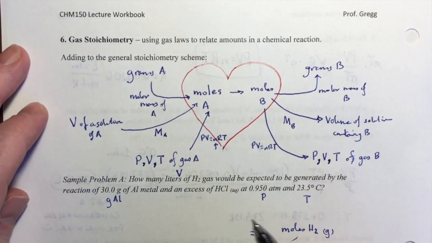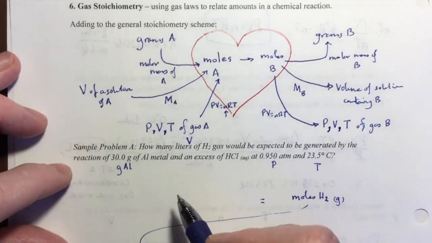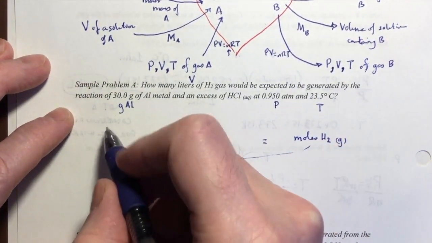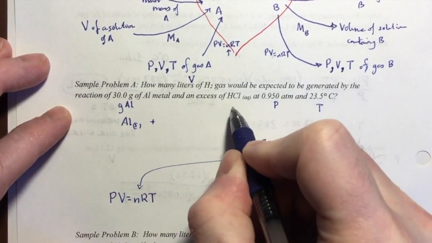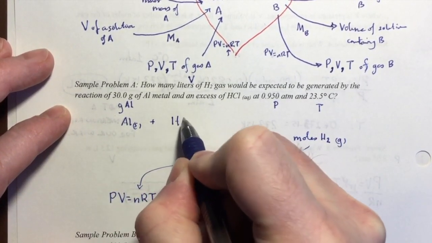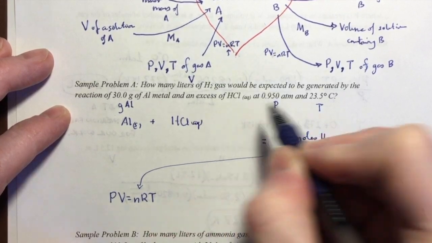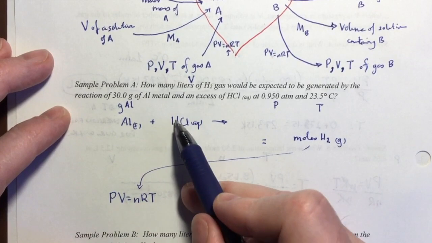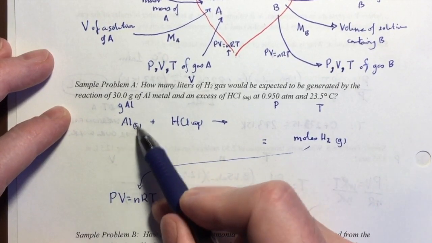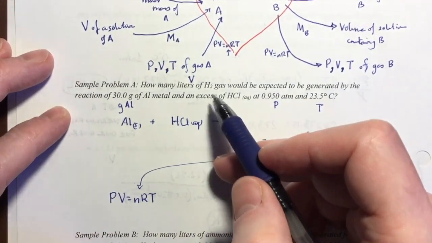So let me write my balanced chemical reaction here first. I have aluminum metal plus hydrochloric acid yields, and this looks like a single replacement reaction, a single standalone element reacting with a compound.